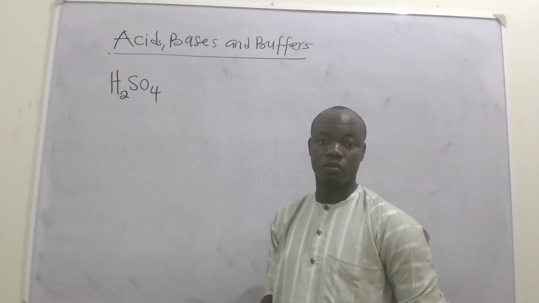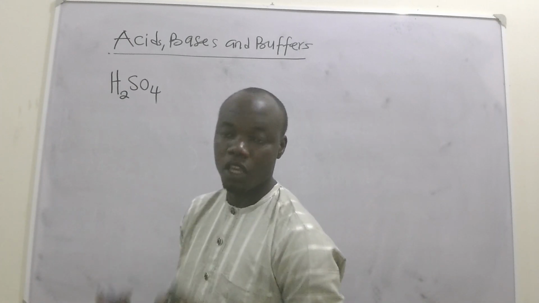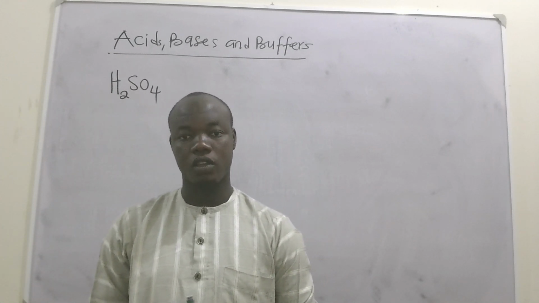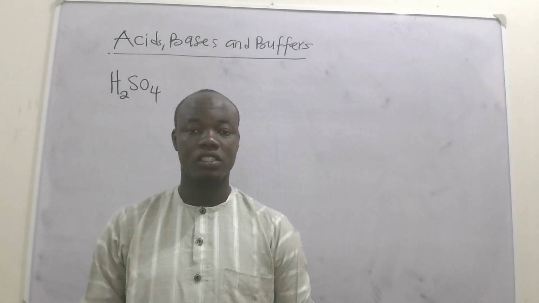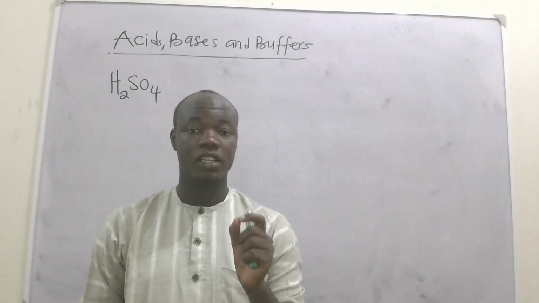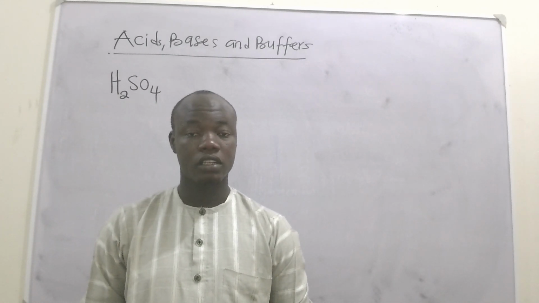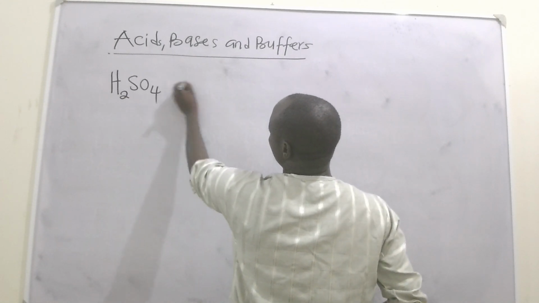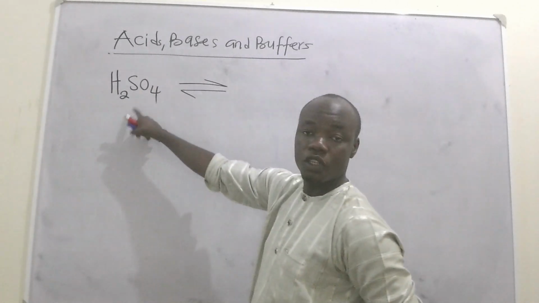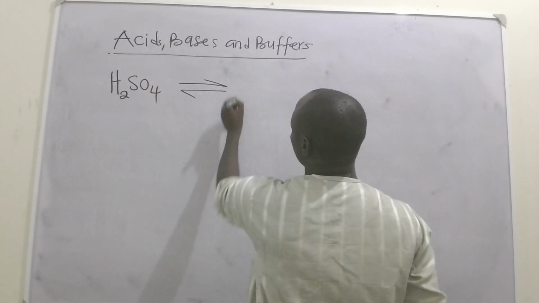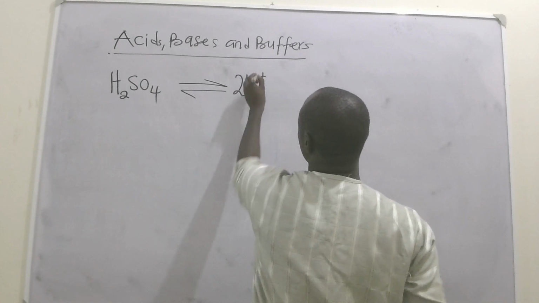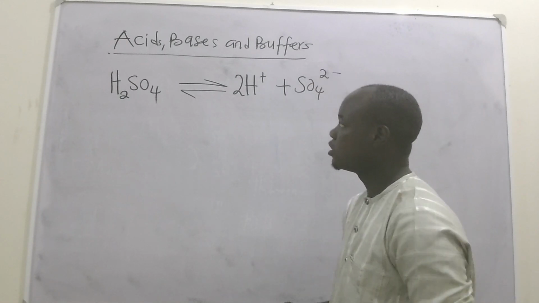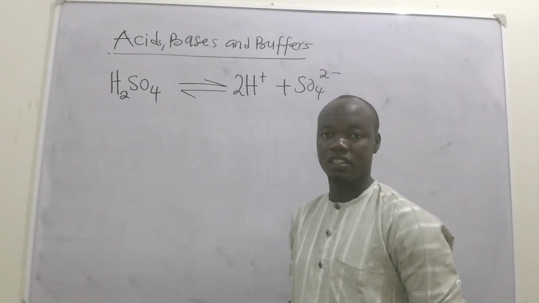When adding this H2SO4 in a solution, it will produce hydrogen ion. Any substance that produces hydrogen ion in a solution is considered an acid. So in a solution, H2SO4 will produce 2H+ plus SO4 2-.